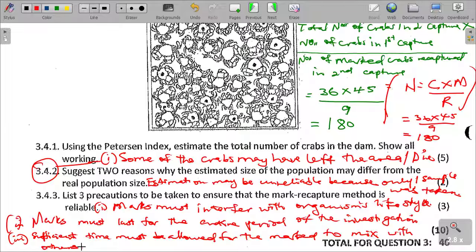And then the population must be closed, that is, no immigration or emigration must take place during the sampling, and the count must not take place during the breeding season. Also the habitat in which these organisms are kept must be controlled to avoid immigration and emigration. So therefore, the population is confined or barricaded.